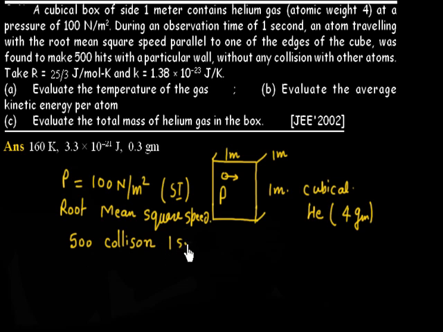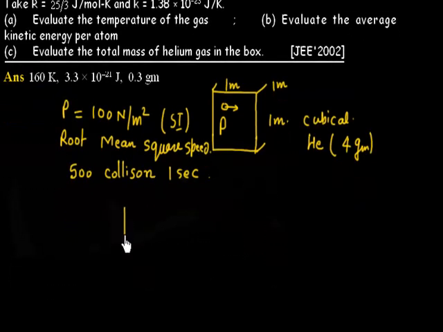So what is happening, you see, this is one wall of the cubical box, this is another wall. Now this molecule goes from here, collides with this wall, comes back, and then collides, goes, comes, collides. So this goes on. In 1 second there are 500 collisions.